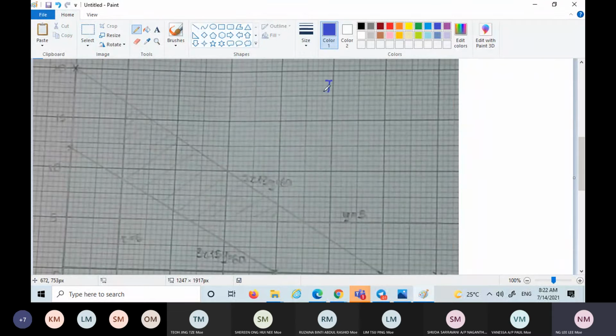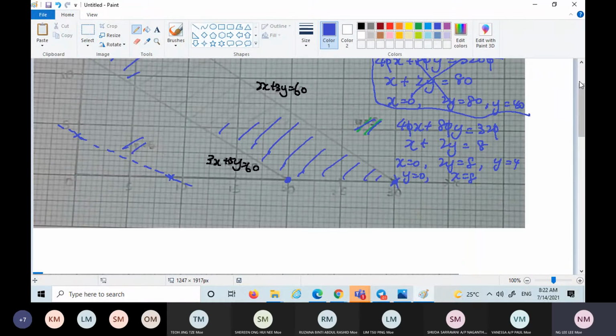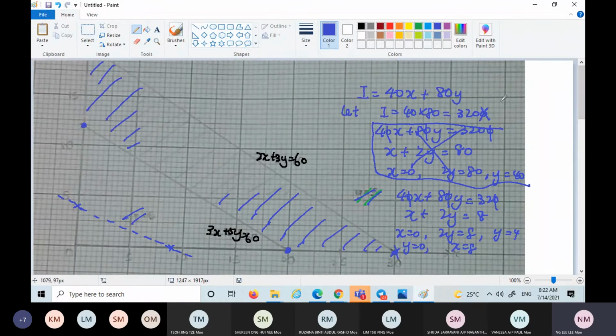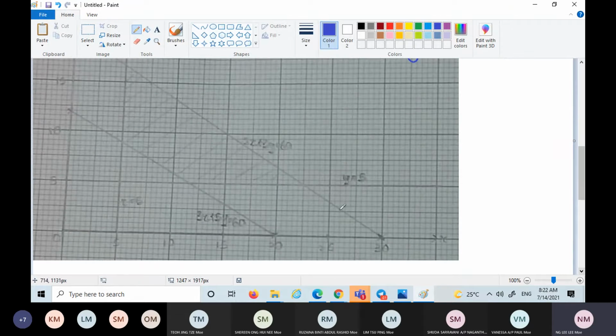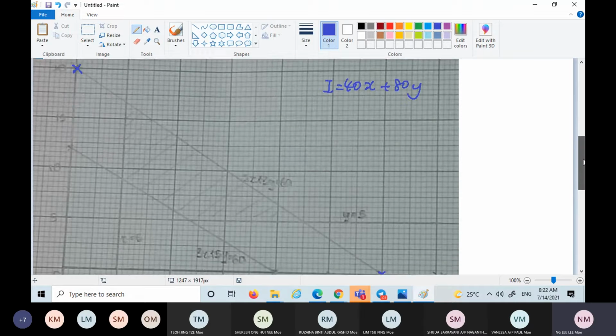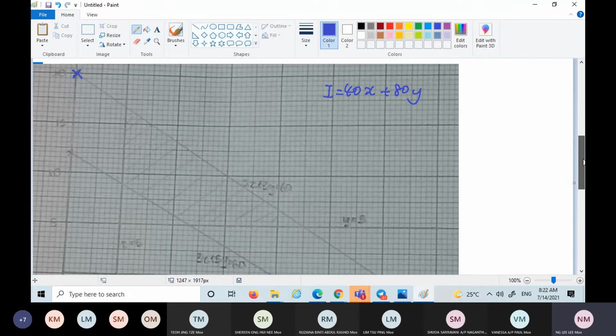What is my function? The objective function, I equals, come back here, 40x and 80y. I refer back to this original, 40x and 80y. You just test this point and this point, and see which one will give you the maximum. That one will be the answer.